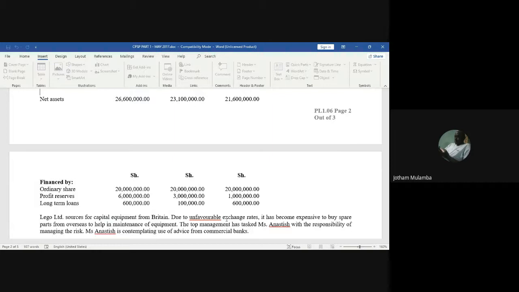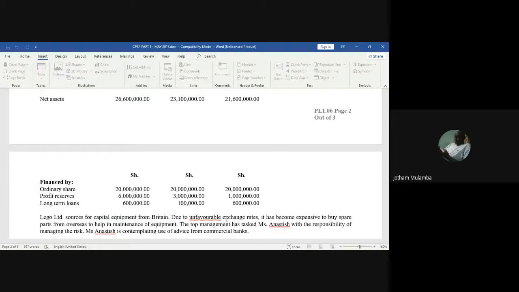For 2014, we have 20 million, which is ordinary share, 6 million, which is a profit reserve, then 600,000, which is long-term loans. So the total capital for 2014 is 26,600,000.